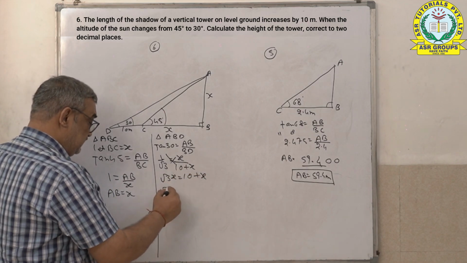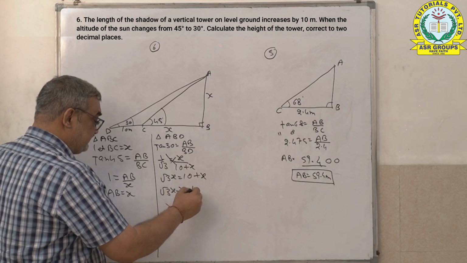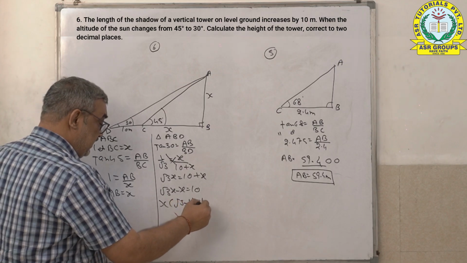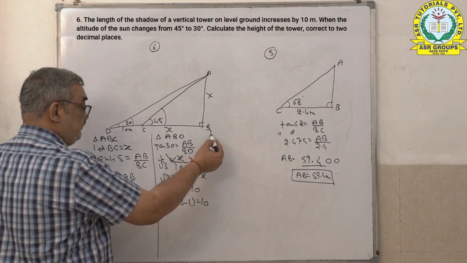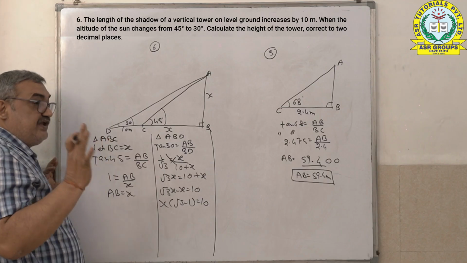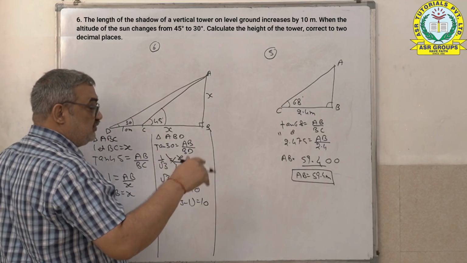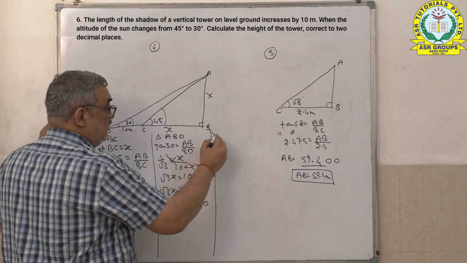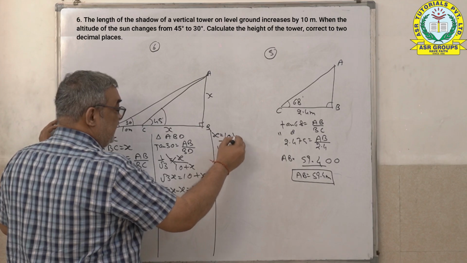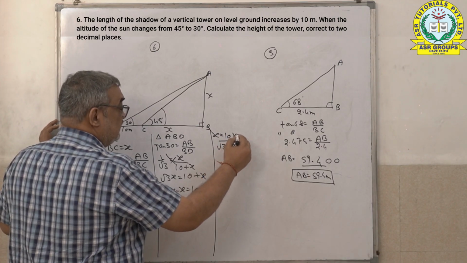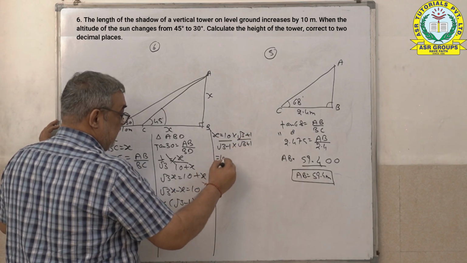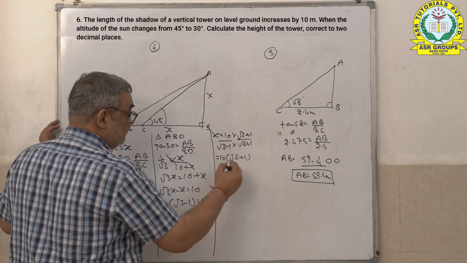Bring x here. Root 3x minus x equal to 10. x common. This part goes down. Don't substitute the root 3 value now. We'll substitute at the end. So x equal to 10 upon root 3 minus 1. We'll rationalize, root 3 plus 1, root 3 plus 1. 10 into root 3 plus 1.